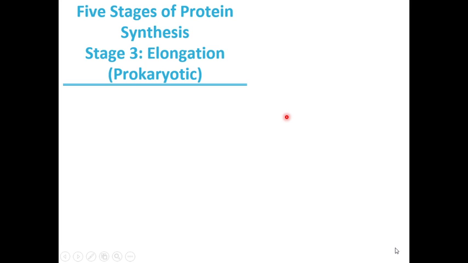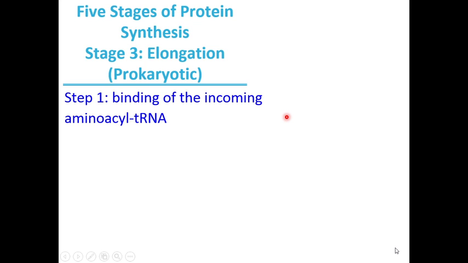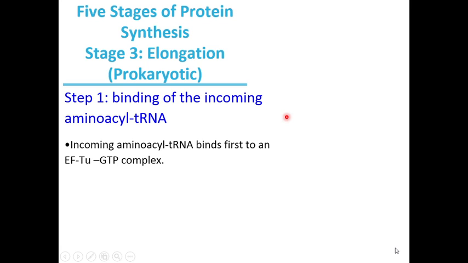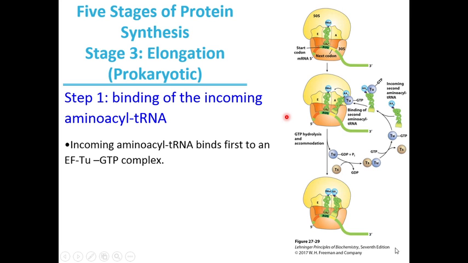Stage 3 involves elongation. And there are 3 steps in the elongation stage as well. In step 1, binding of an incoming aminoacyl tRNA takes place. The incoming aminoacyl tRNA binds first to an elongation factor named TU-GTP.